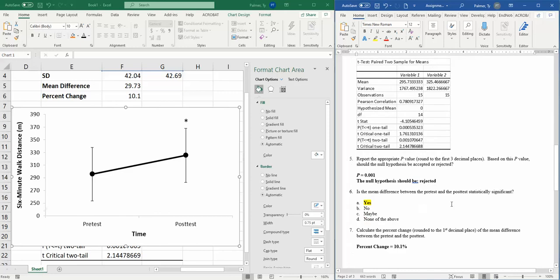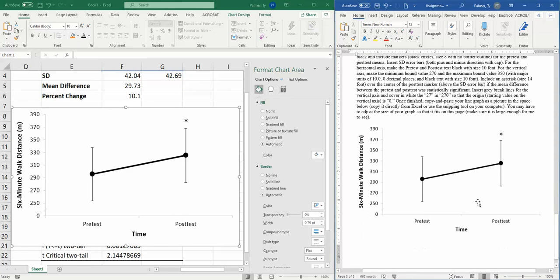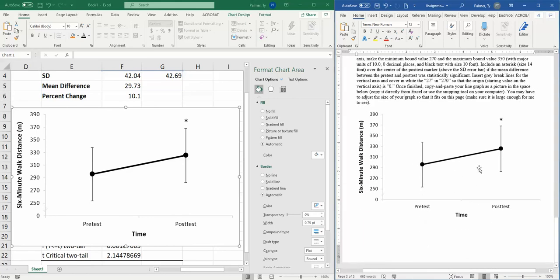And by rejecting the null hypothesis, we are concluding that the mean difference between the pre-test and post-test is statistically significant. If we take a look back at our graph, we can see that here. Remember, line graphs, and it talks a little bit about this in the PowerPoint, are a good visual description of the means and standard deviations of pre-test and post-test scores. And you can easily see in the graph that we have a statistically significant increase from the pre-test to the post-test, as indicated by the asterisk.